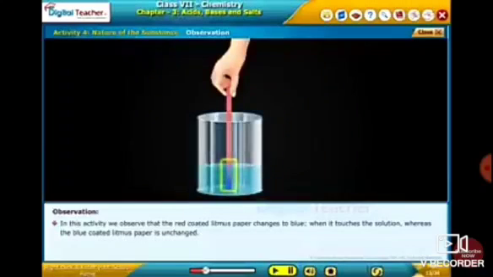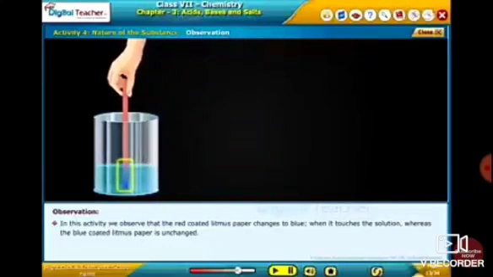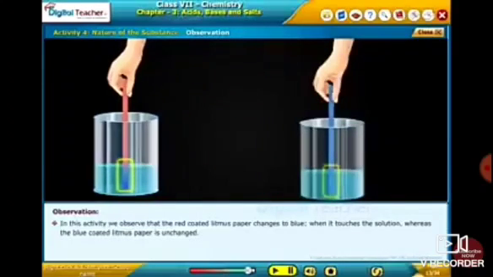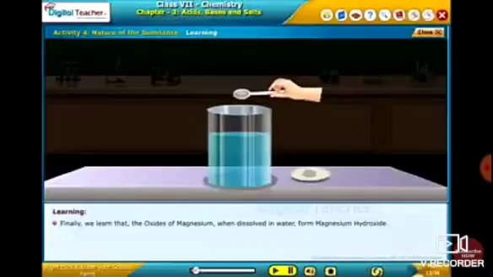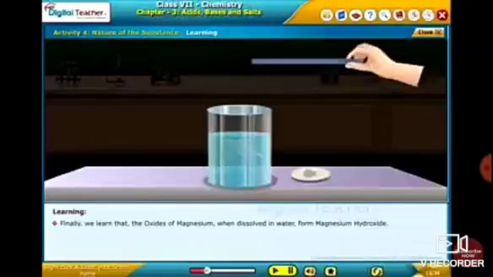In this activity, we observe that the red litmus paper changes to blue when it touches the solution, whereas the blue litmus paper is unchanged. Finally, we learned that the oxide of magnesium, when dissolved in water, forms magnesium hydroxide.